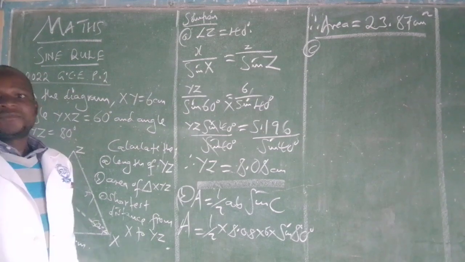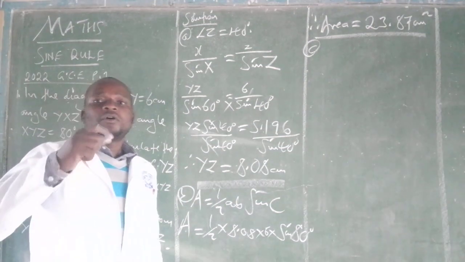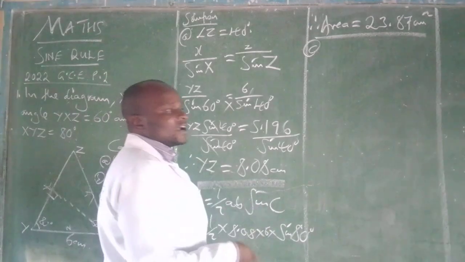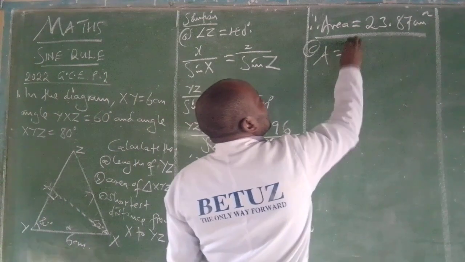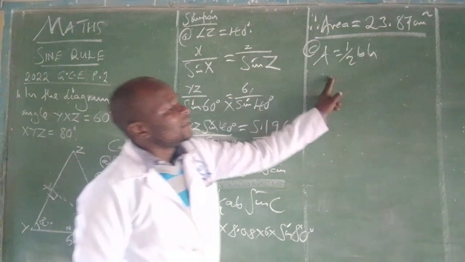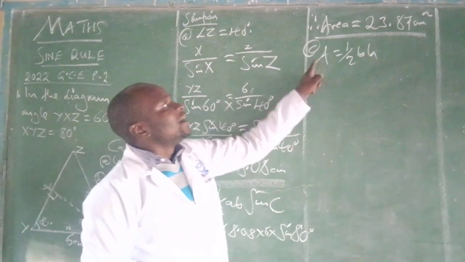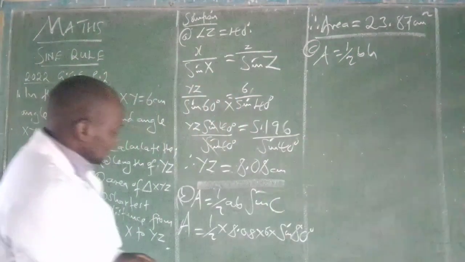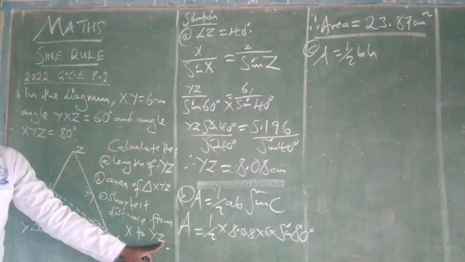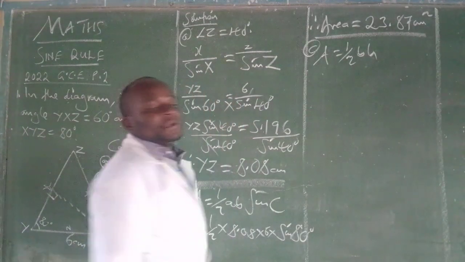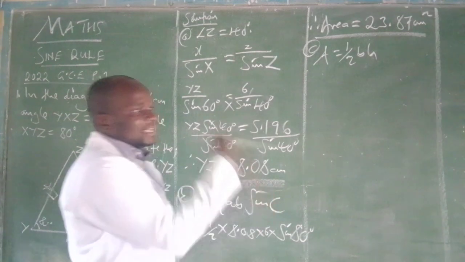So to do that, we bring in the formula we use to find the area of a triangle, which is area is equal to half bh. In our formula here we have the A, which is the area. Area has already been found. The b will be the base. The base is the YZ, the one where you're going to. And the h automatically becomes the shortest distance in this case.